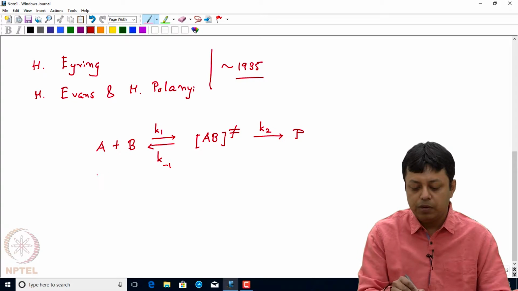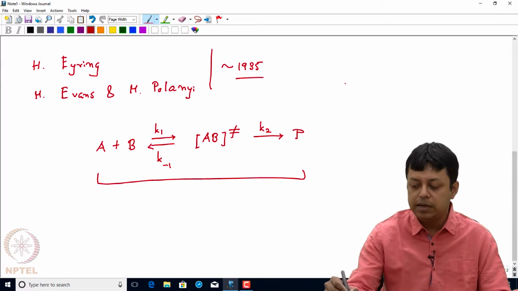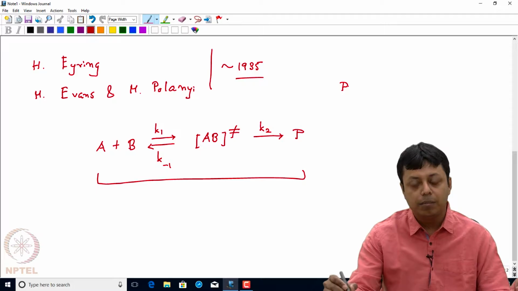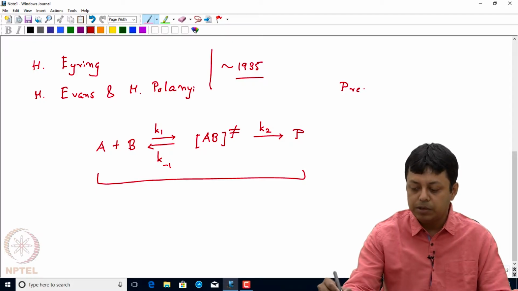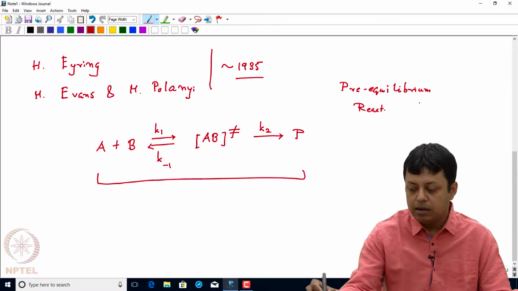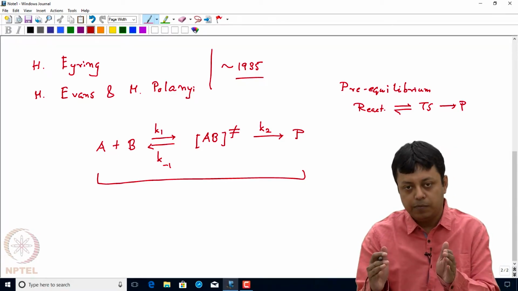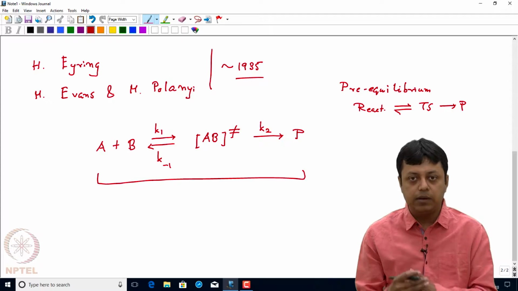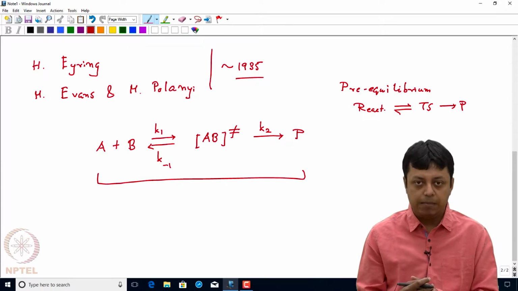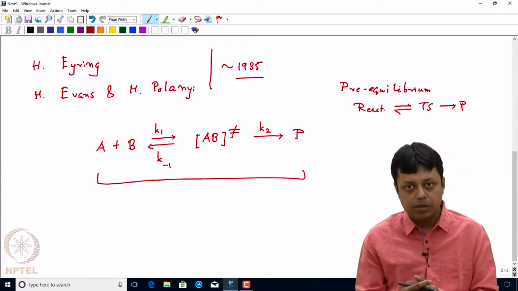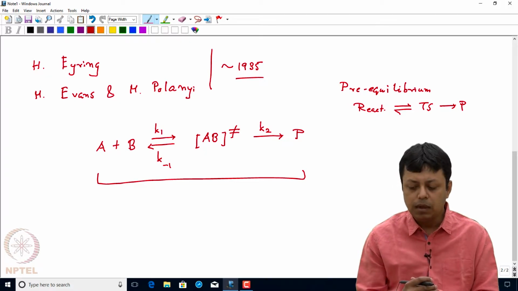This kind of equilibrium is very well known to you, which we already discussed when we discussed the pre-equilibrium or equilibrium approximation. So they said that there is a pre-equilibrium between the reactants and the transition state, and then the transition state forms the product. Now if we assume that, then we can right away apply the equilibrium approximation, which we have already done and know how to do.